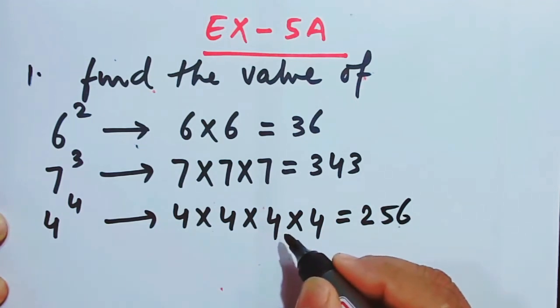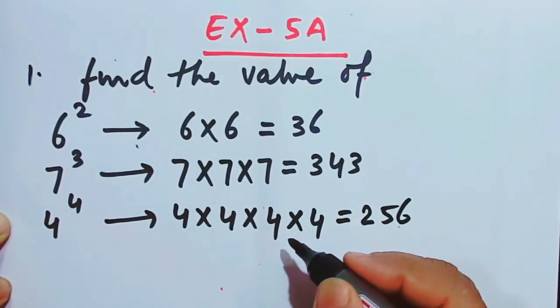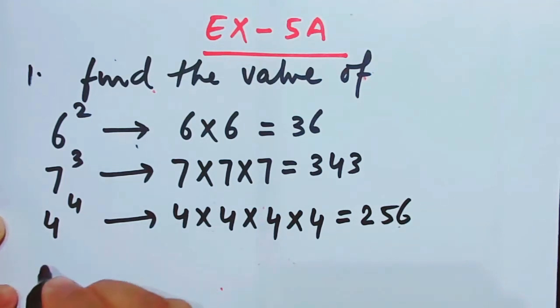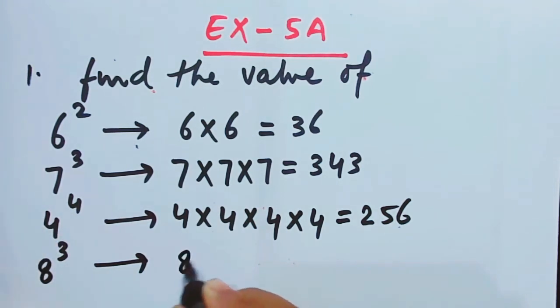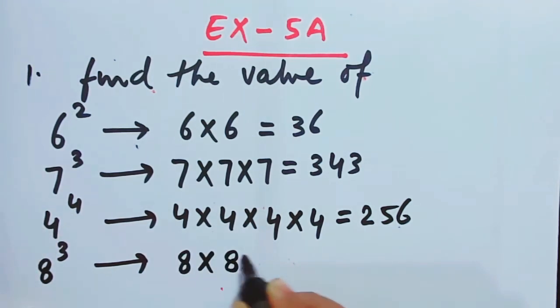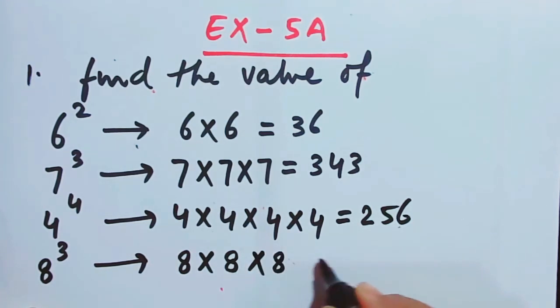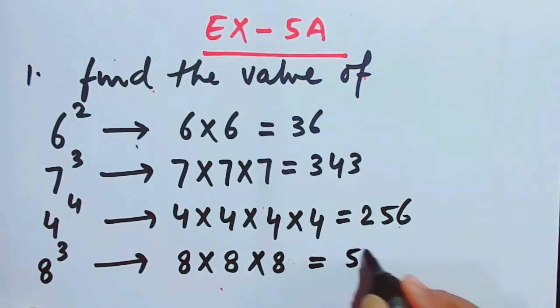you will get 256. Similarly, when you talk about 8 to the power 3, this means 8 has been repeated 3 times. 8 times 8 times 8 is equal to, you will get a value 512.